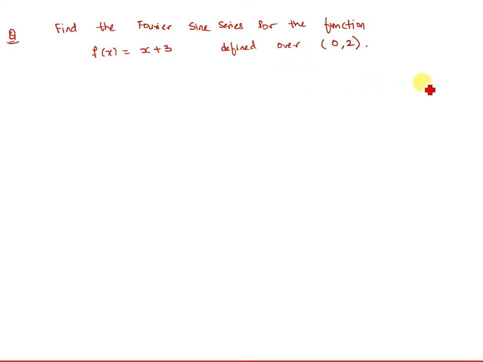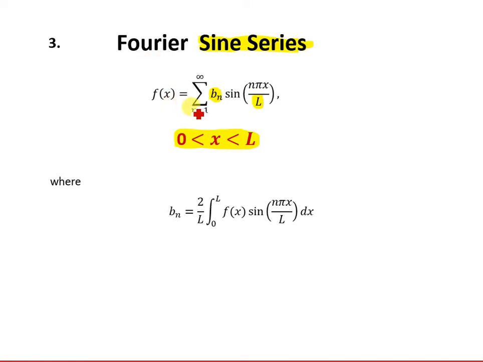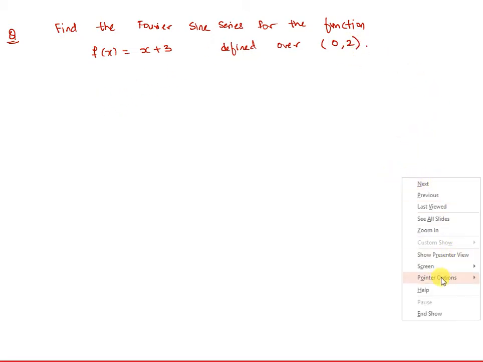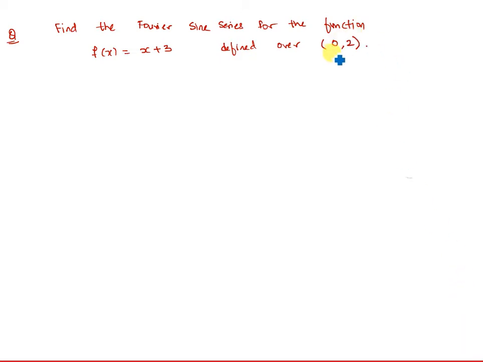So the very first thing that we have to do is, as we are going to use this formula which is defined over the interval 0 to L, where the length of this interval is L, we need to find the length of this interval. So let's start our calculation. This is the function.